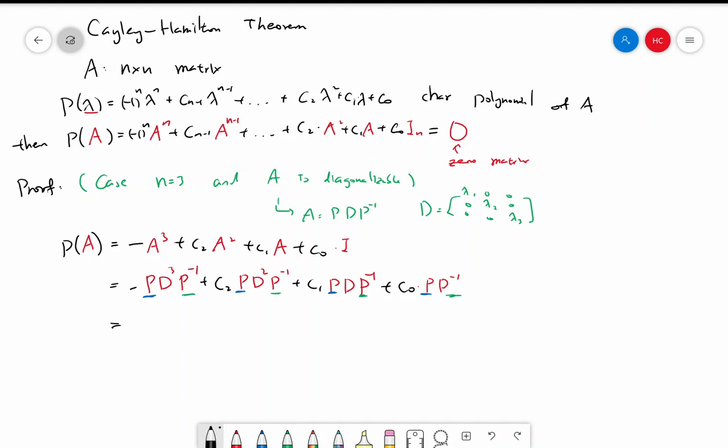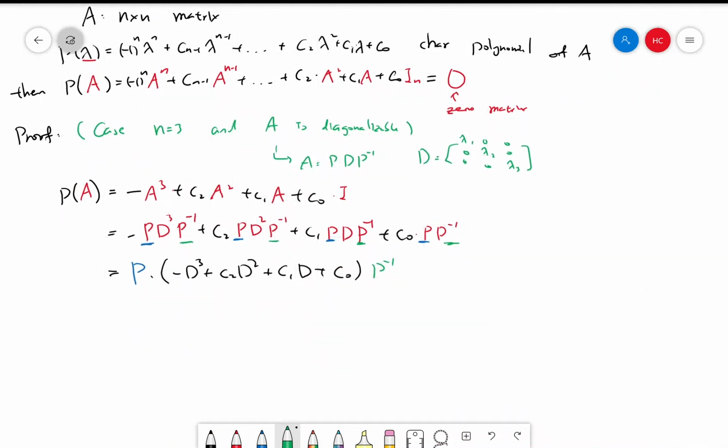so we can factor them out. So this is equal to P times negative D cubed plus C2 D squared plus C1 D plus C0 I, times P inverse. There are no more P's involved in this, so P and P inverse stay there.